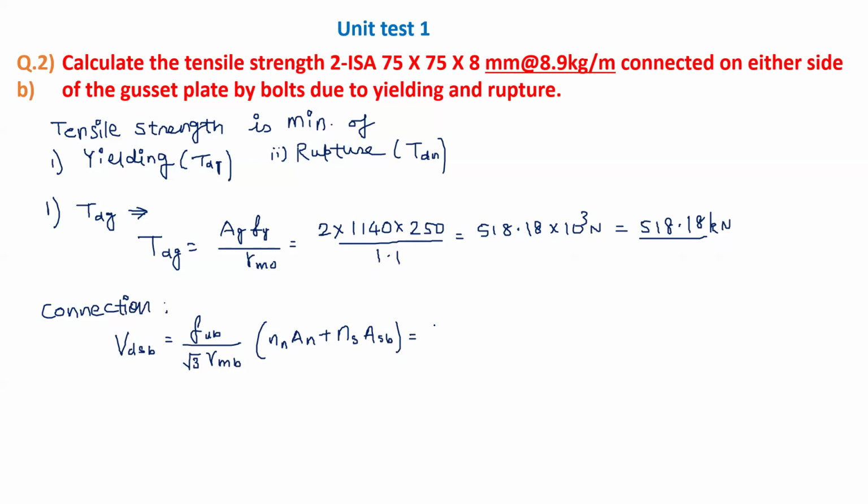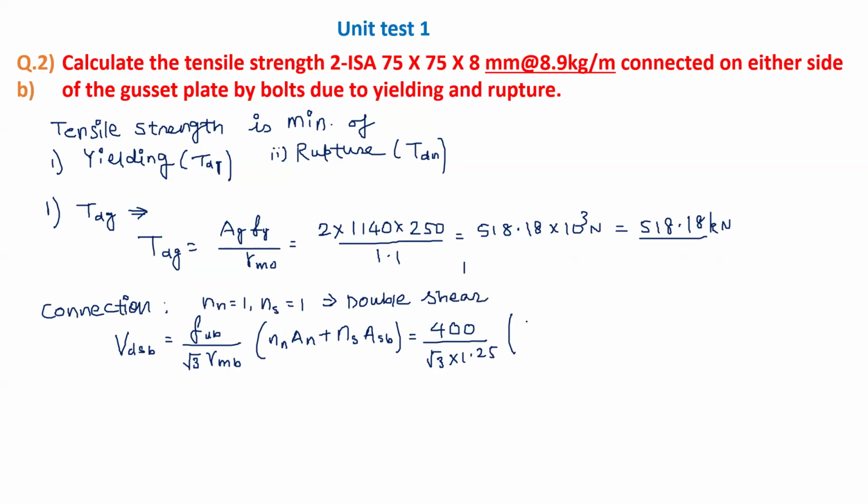So we have this value 400 divided by root 3 into 1.25 in bracket. Now as it is two angles, we have double shear. So nn equal to 1, ns equal to 1, because we have double shear. If a single angle is there, then we have single shear. But if we have two angles, then we have double shear.